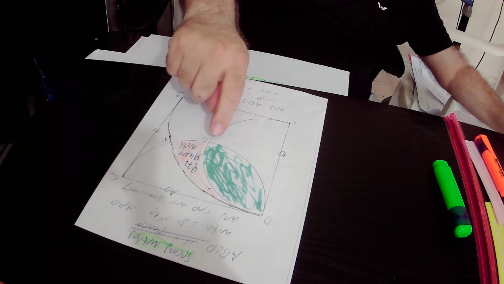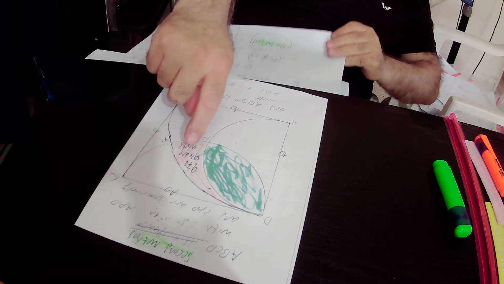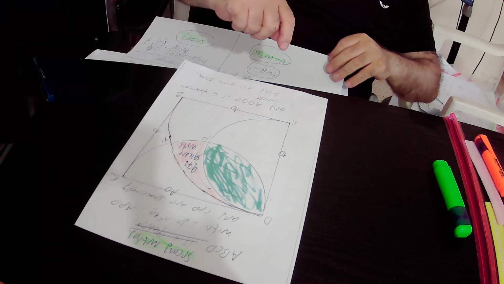We subtracted the two areas from each other, and we got the area of this orange shape.